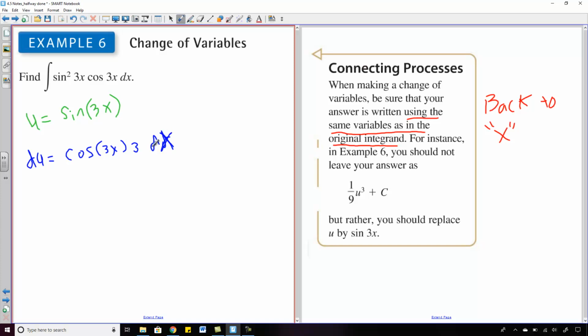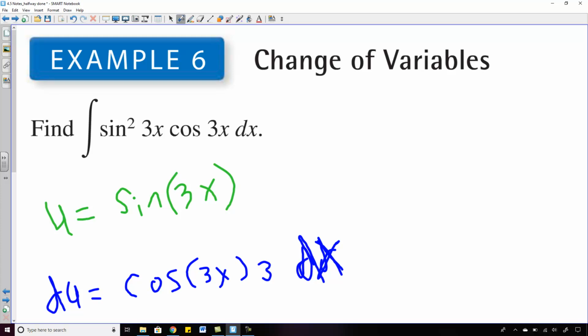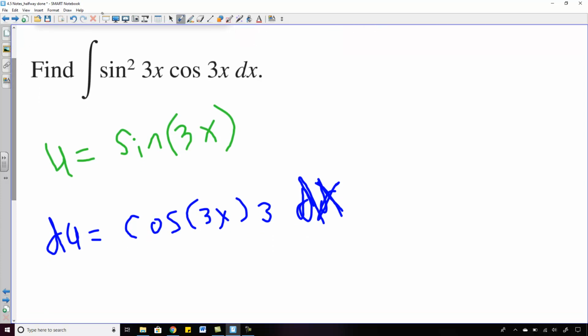Sorry, handwriting is not great here. So let's zoom in here. Okay, so you see that there's this 3 here that doesn't really seem to be showing up here. So I'm going to divide it to just get it out of the picture for a few. So if I divide by 3 on both sides, I have what I need, which is this.